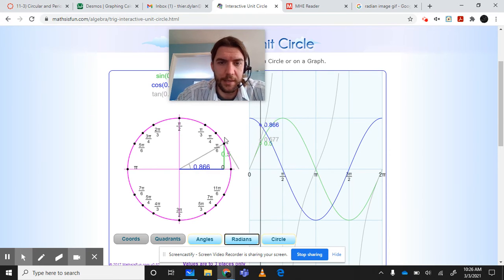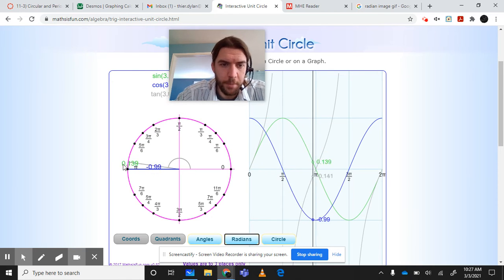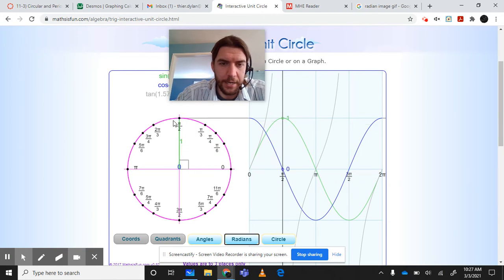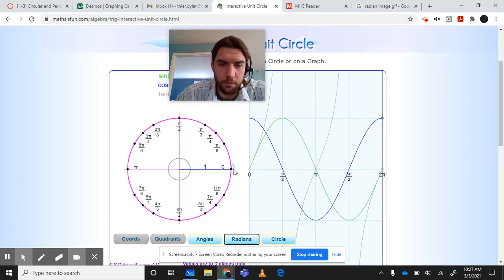And that will also be the arc length from here to here. If we go over to pi radians, then we'll have an arc that is pi in size. And if we go to 2 pi radians all the way around the circle, we will have a circumference of 2 pi. We already know our circumference formula, hopefully. That's 2 pi times the radius. If the radius is 1, we would expect the circumference to be 2 pi times 1.